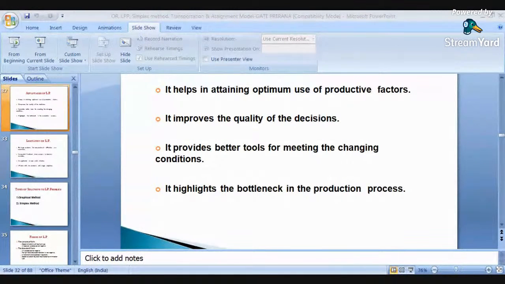Then step number 3 in the northwest corner rule: if the supply for the first row is exhausted, then move down to the first cell in the second row and first column and go to step 2. If the demand for the first column is satisfied, then move horizontally to the next cell in the second column and the first row and go to step 2. If for any cell the supply equals the demand, then the allocation can be made in the cell either in the next row or column.